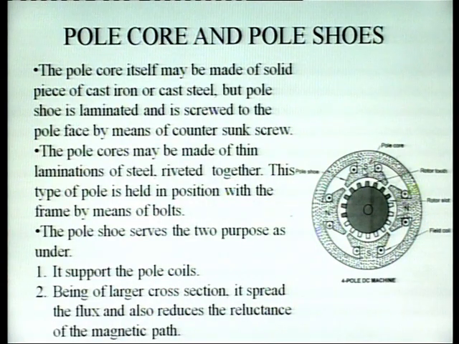So, the pole core houses the field winding around it, and pole shoes support these windings. The second purpose of pole shoes is that they spread the flux and reduce the reluctance. Having a larger cross section, it reduces the reluctance.